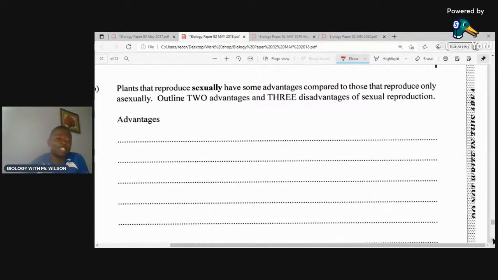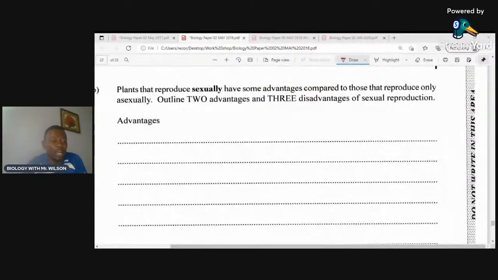So we are looking at sexual reproduction, and we want to look at some advantages and disadvantages of it. So just type that in the chat there for me, and that takes us a little closer to the end of the paper. We have just 2 more questions to answer after you would have successfully answered this question.